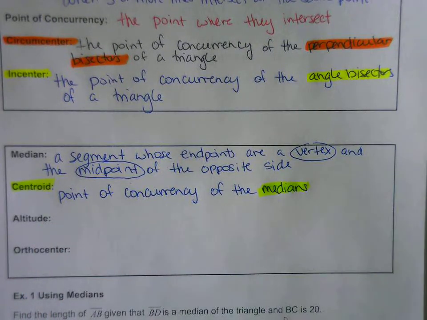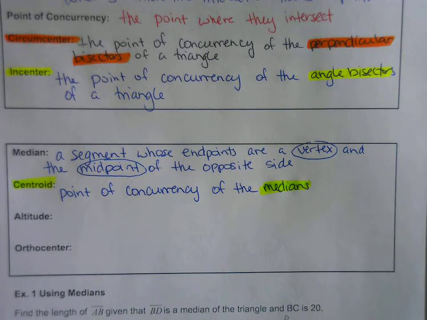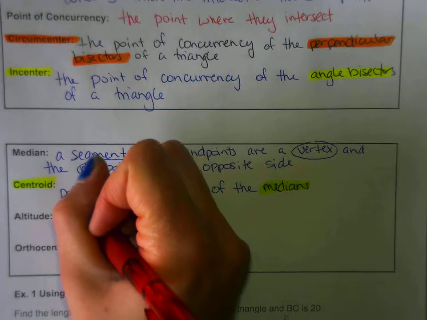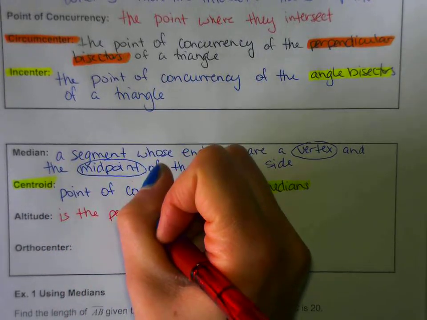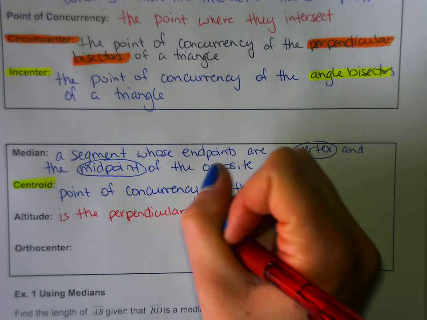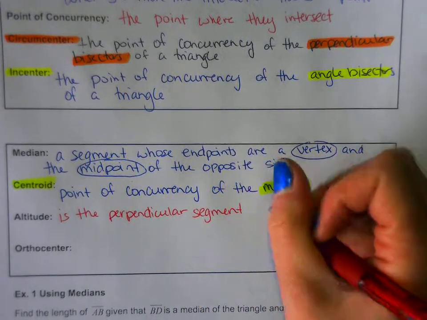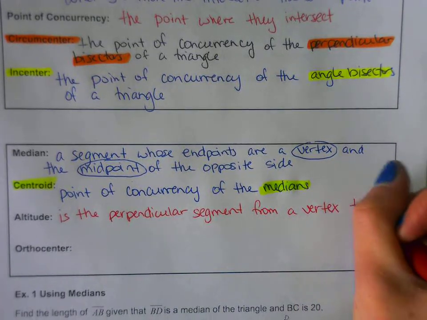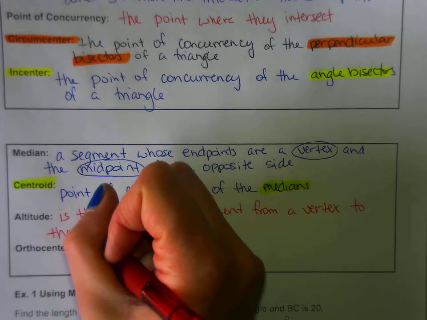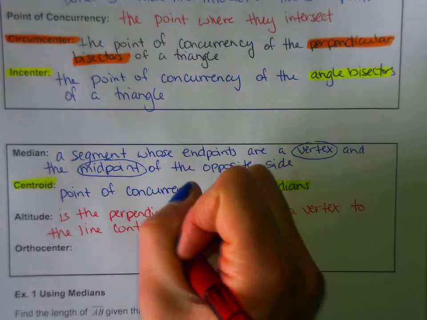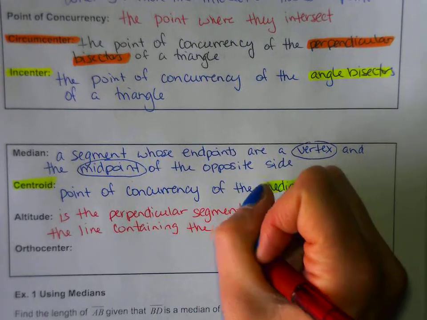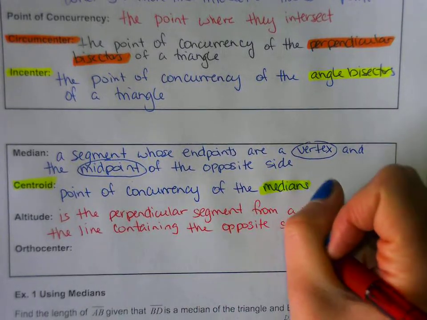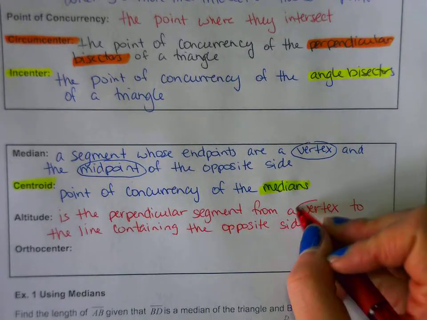So an altitude is the perpendicular segment from a vertex to the line containing the opposite side. So here we're looking for it to start at a vertex and create a perpendicular segment to the opposite side.